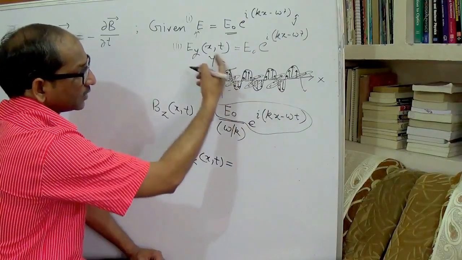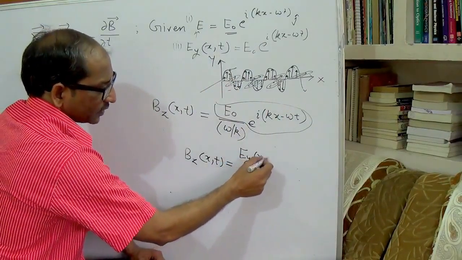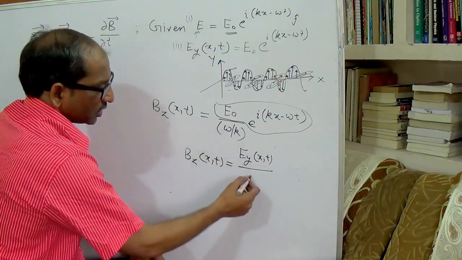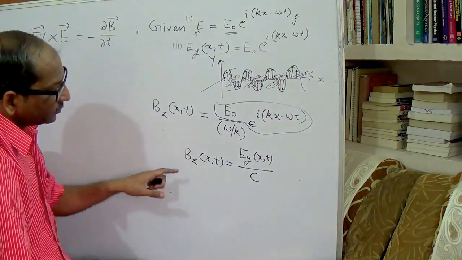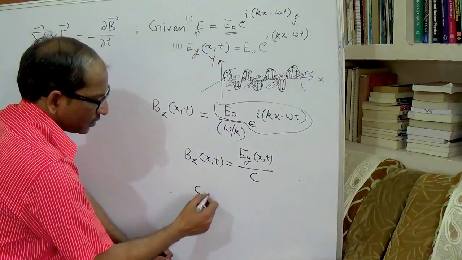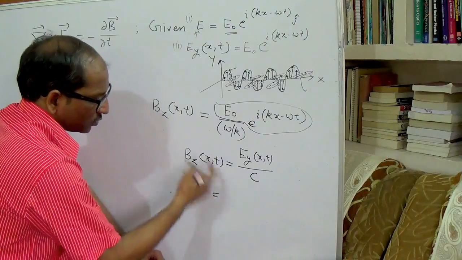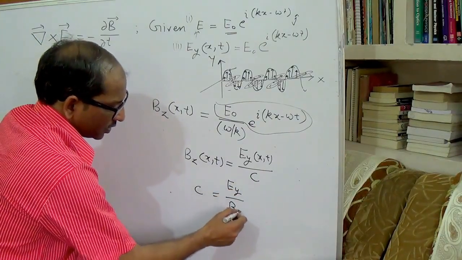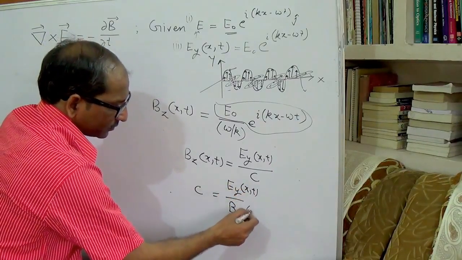This is the electric field component, along the y direction, a function of x and t, and omega upon k is equal to c, that is the speed of light. So here one can write again after rearranging, c is equal to Ey upon Bz, and both are functions of x and t.